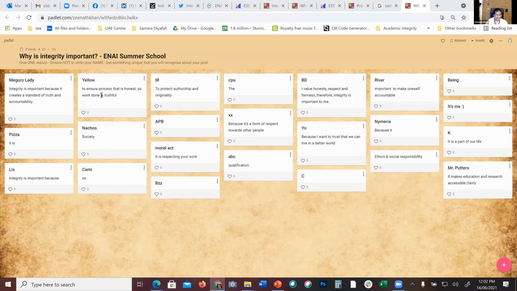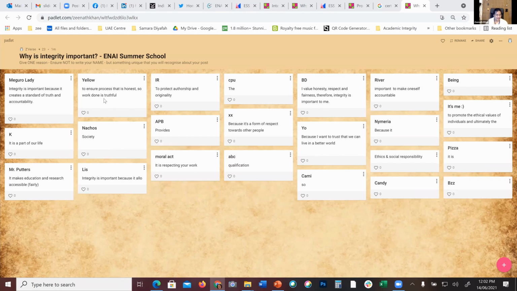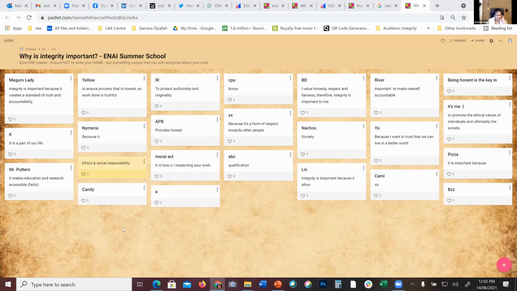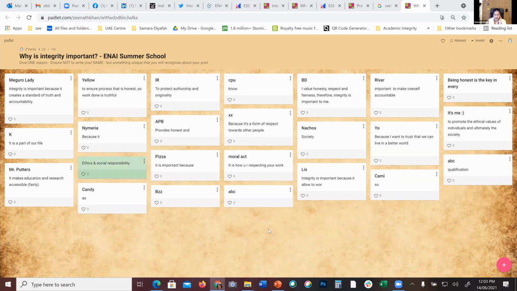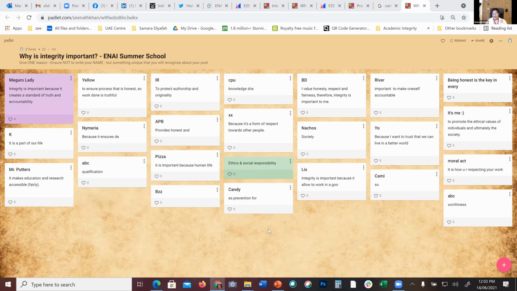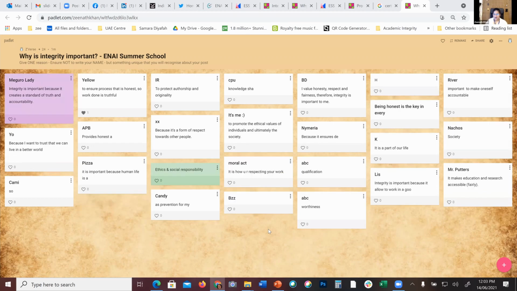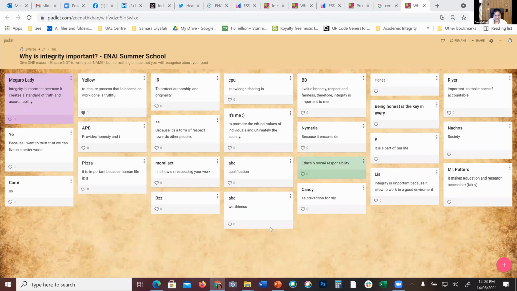Okay. Yellow says to ensure process that is honest, so work done is truthful. Mr. Pata says it makes education and research accessible fairly. Moral Act says it is how you are respecting your work. It's niece with a smiley says to promote ethical values of individuals and ultimately the society.